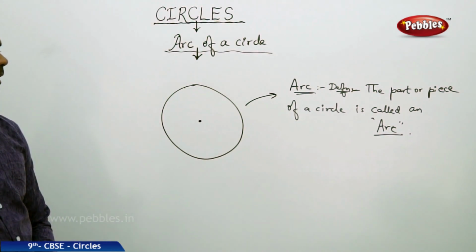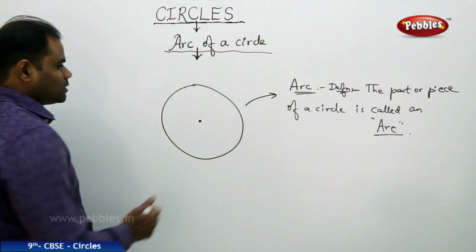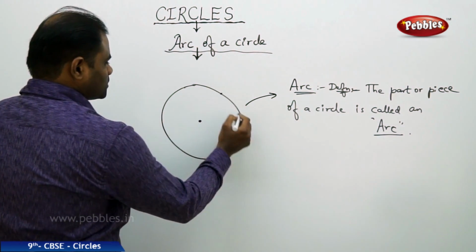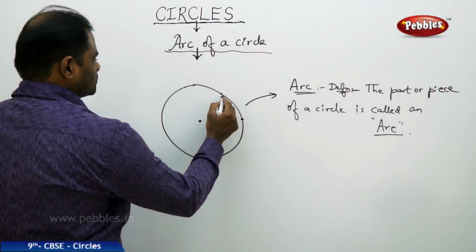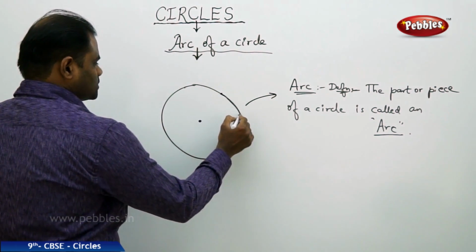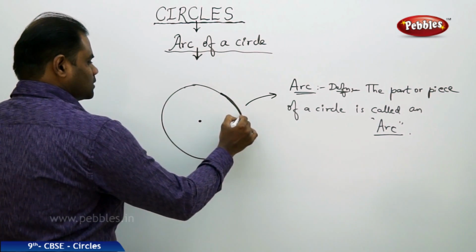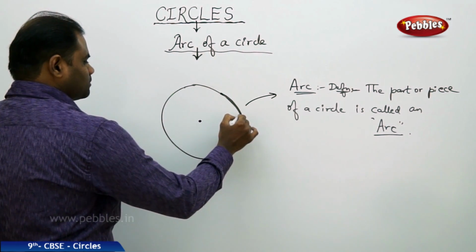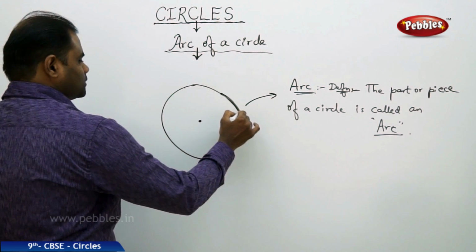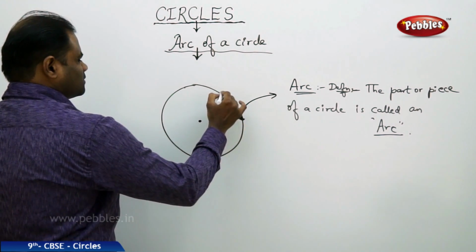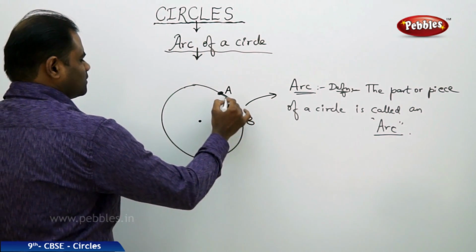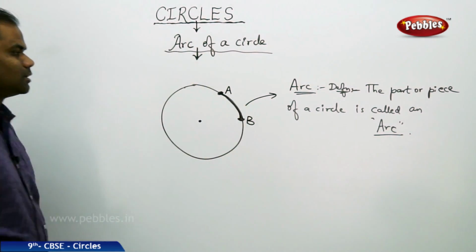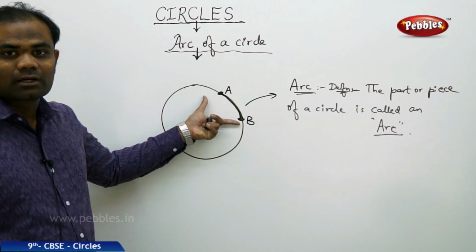So how do we define the part or piece of a circle? Imagine I take this part of the circle. So this part of the circle, let me darken up out here. So I have here a part of the circle which is an arc.